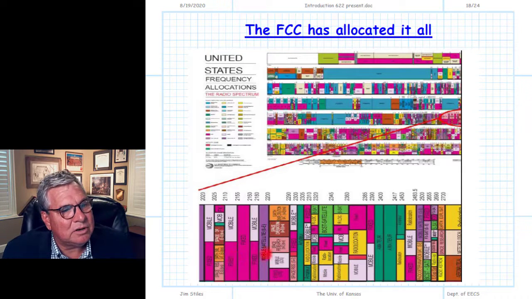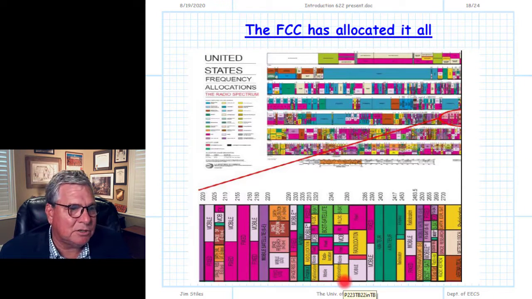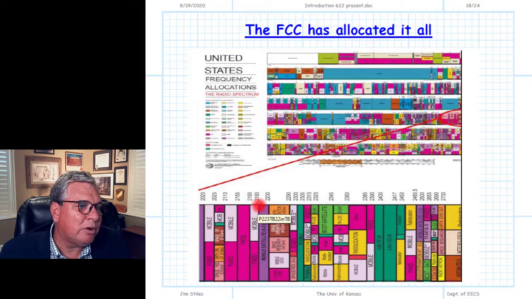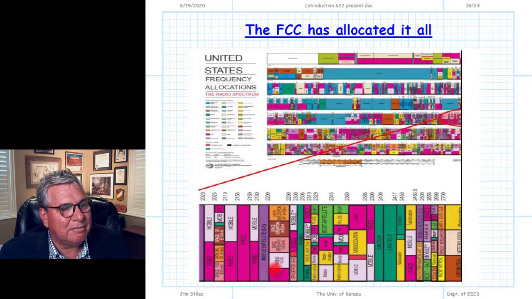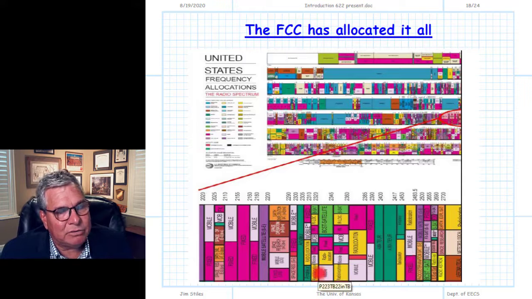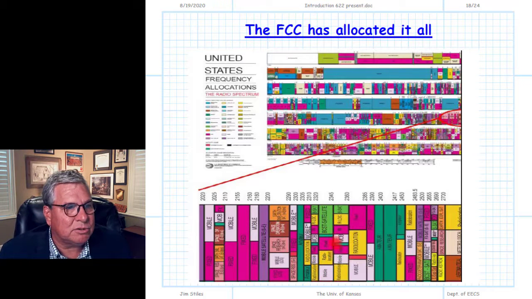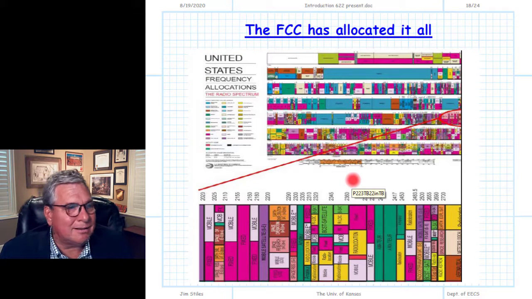And so they're split up into very small bands, and some bands have multiple applications assigned to them. But if you look at these bands, for example, this one goes from 2.18 gigahertz to 2.20 gigahertz. So we're talking about very small bands that are broken up and then allocated to different applications. So it's quite a regulatory challenge to go through and do this.